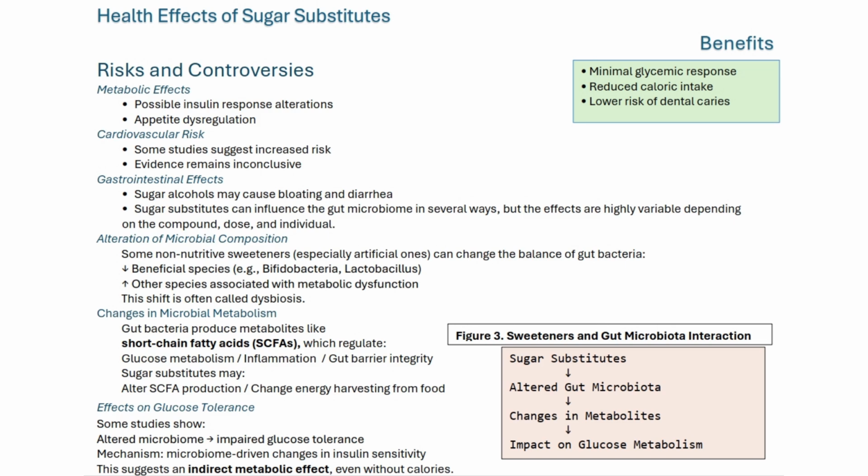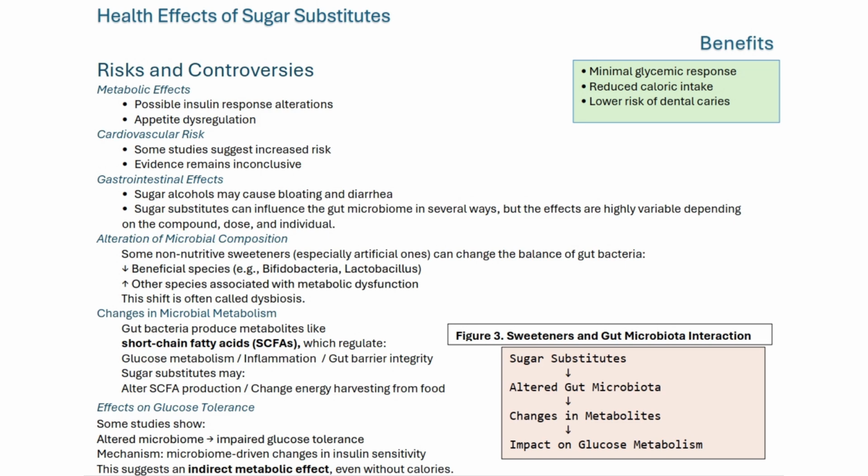Research indicates that these substitutes may alter insulin responses and contribute to appetite dysregulation, raising concerns about their long-term efficacy in weight management. Cardiovascular risks associated with sugar substitutes are still under investigation, with some studies suggesting an increased risk, though the evidence remains inconclusive. Additionally, gastrointestinal effects are significant, as sugar alcohols can lead to bloating and diarrhea.